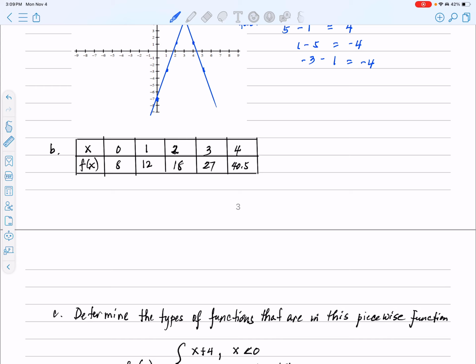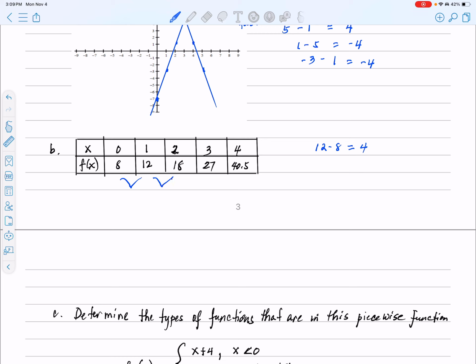Observing the outputs, we can see it's 8, 12, 18, 27, 40.5. Wow. We can see that they are growing at an increasing rate. If we try to get the rate of change, let's say 12 minus 8, we have 4.